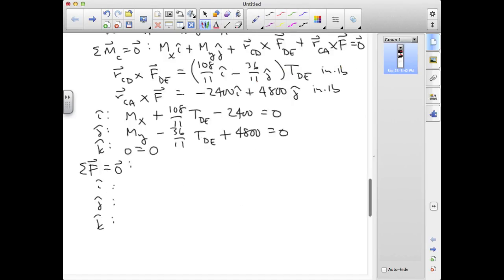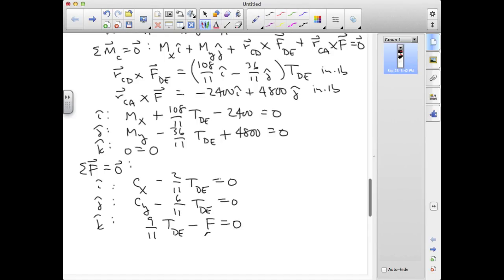For our force component equations, we have Cx minus 2 over 11 TDE equals 0, Cy minus 6 over 11 TDE equals 0, and 9 over 11 TDE minus F equals 0. So actually the way to proceed is to use this last equation first with F equals 200 pounds. That gives us the tension in DE, and then we can solve for everything else in the equations above that once we have that tension.